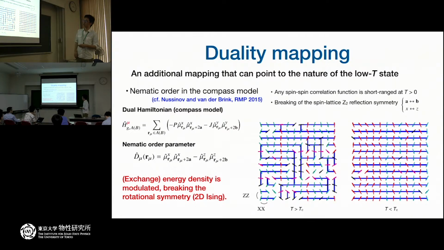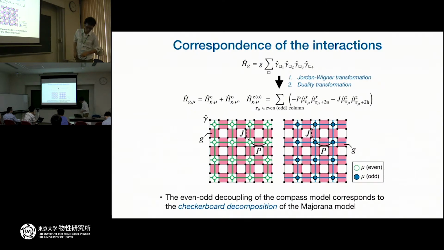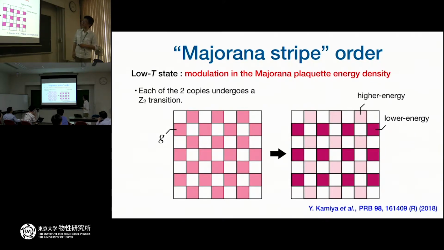In our language, this should be the difference between the energy density associated with one plaquette and the energy density associated with the neighboring plaquette. So what you would expect is a modulation of energy density at low temperature. At high temperature, I'm picking only one subset of A and B because they are decoupled from each other.